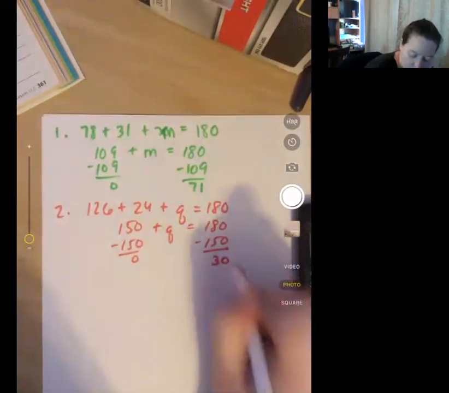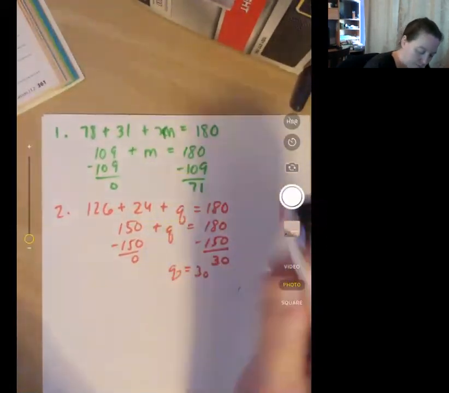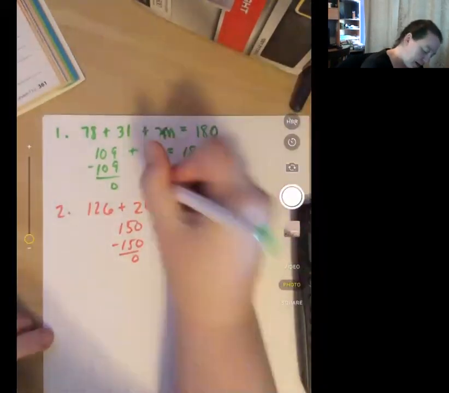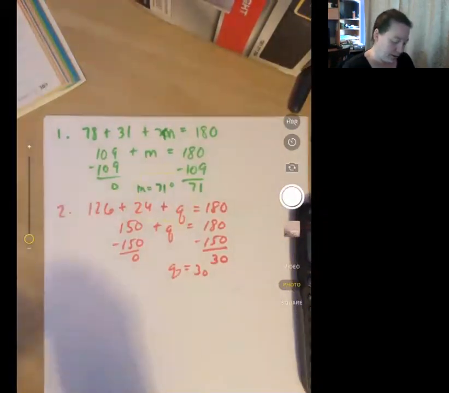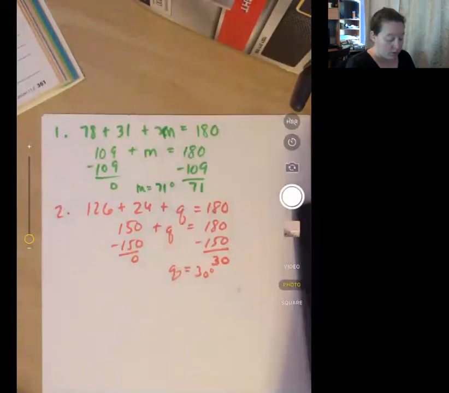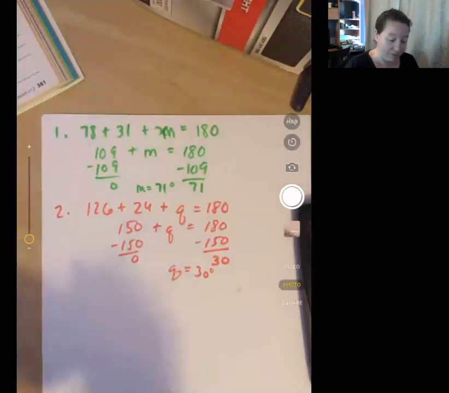So I end up with q is equal to 30. Sorry, up there it was m equals 71. And I guess I need to put the degree sign there.